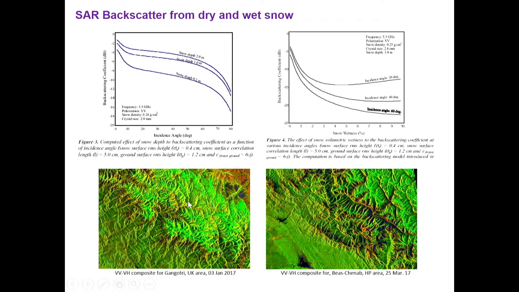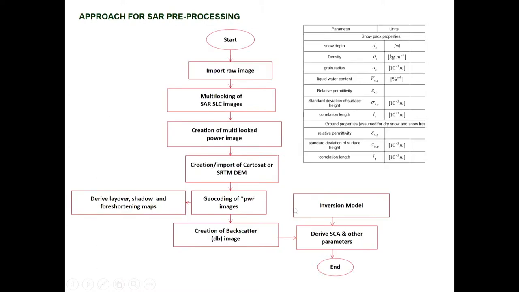It is a composite of VV and VH, two different polarizations. And here you can see the Beas region of March, when the snow is wet, and you can see that we have more dark pixels in the analysis. So this is the reason why we are getting less backscatter and more backscatter in these time conditions.